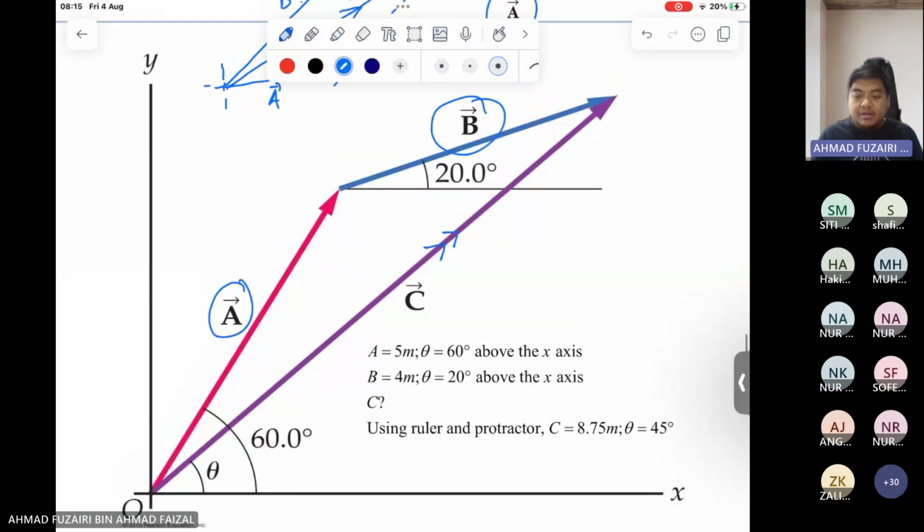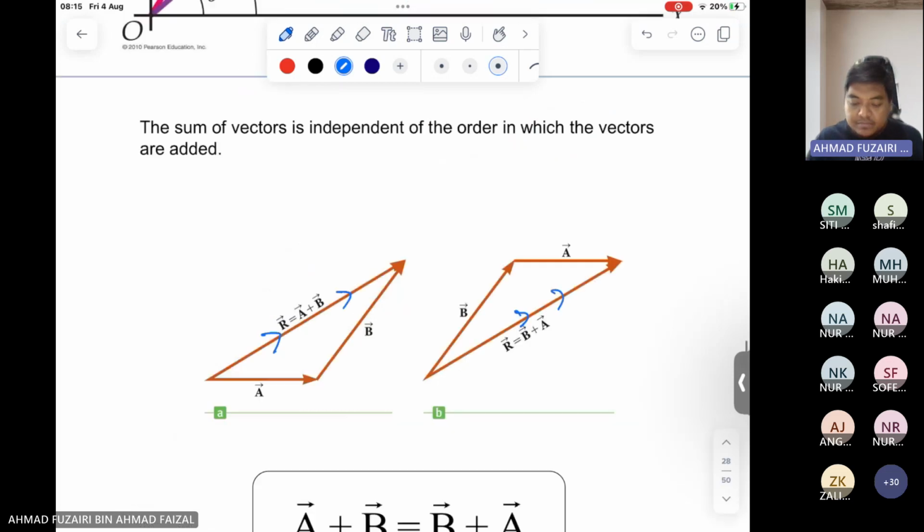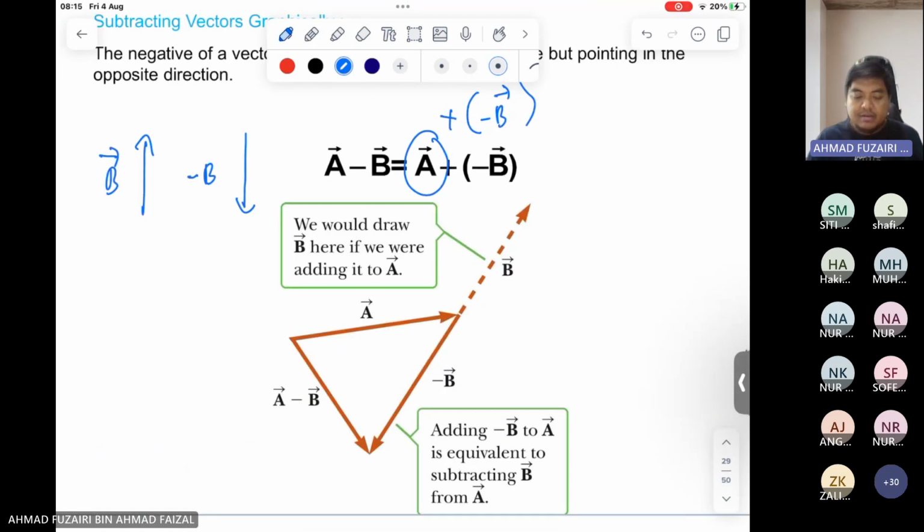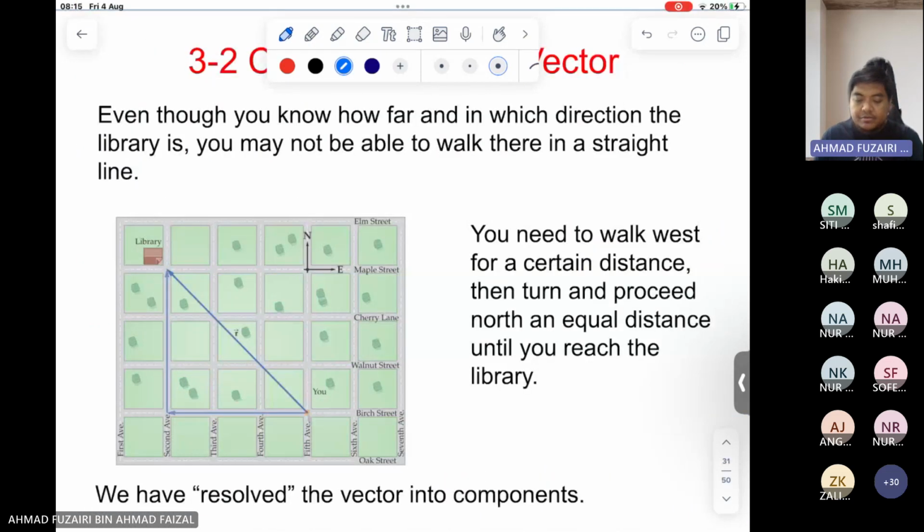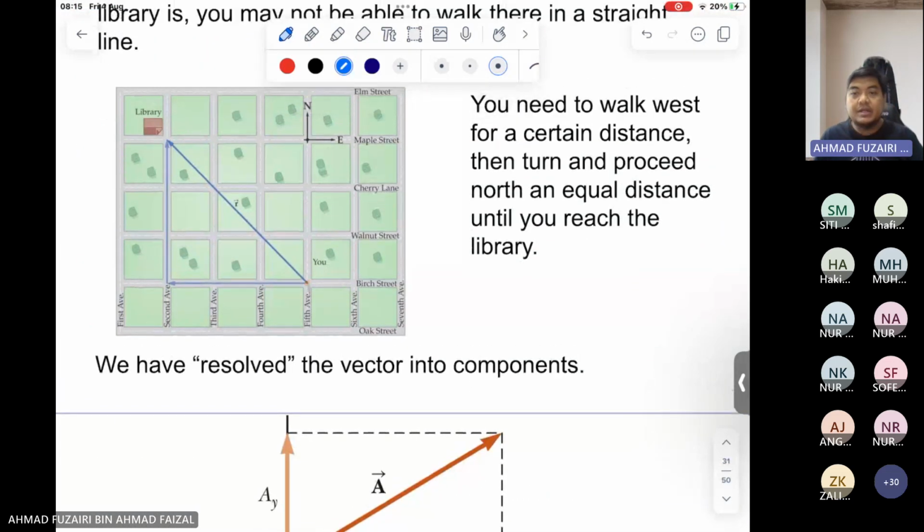That means if you want to get the components of vector C, we can have vector A and vector B. But how can we show this in these situations? Because C comes from A plus B, so in order to get the components of C, we need to get A and B all together. The very easy way to understand the components of a vector is like this.